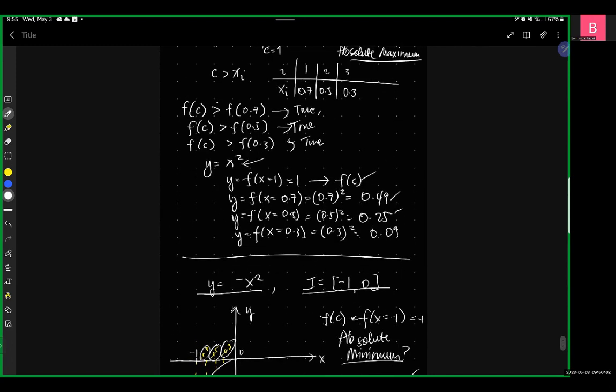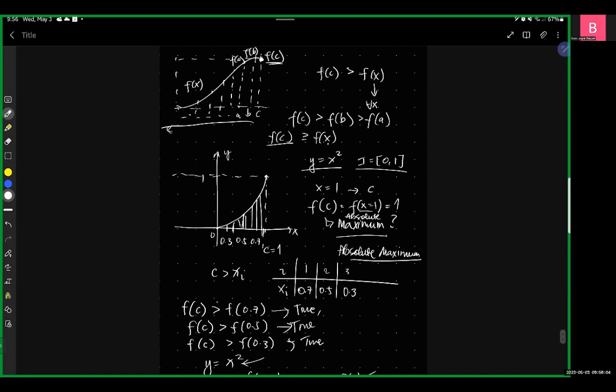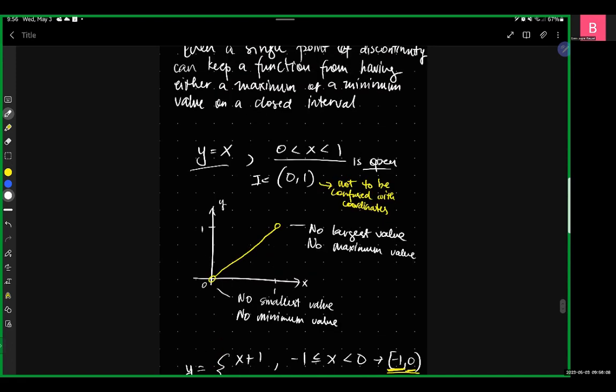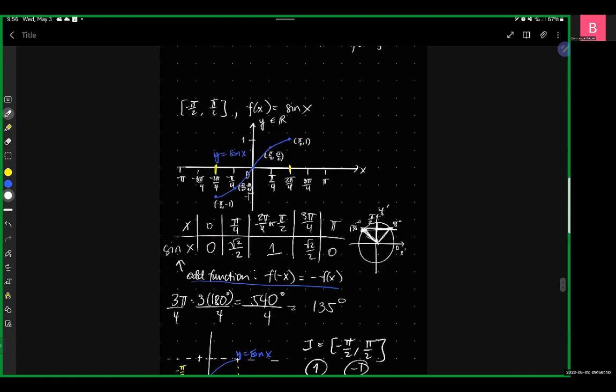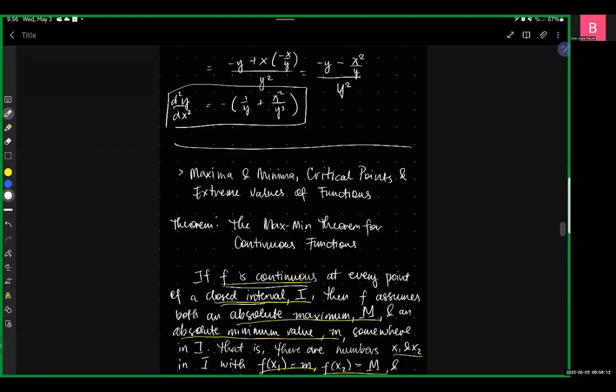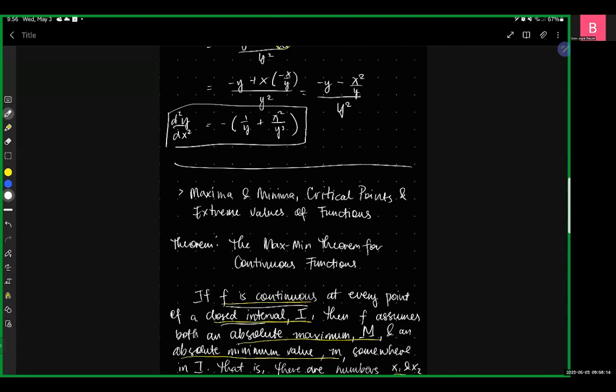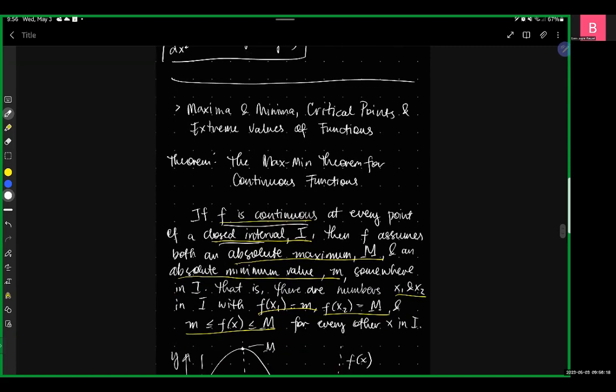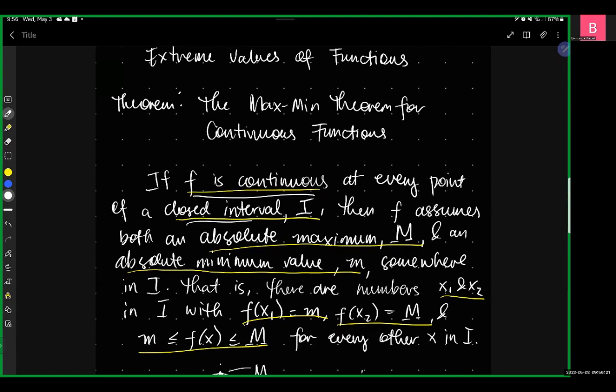What we discussed today, let me just refresh you again. For today, we started with maxima and minima, critical points, and extreme values of functions. We worked with the Max Min theorem for continuous functions. It is important to bear in mind that there are requirements when working with theorems.